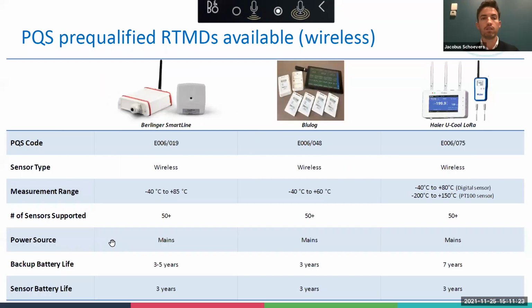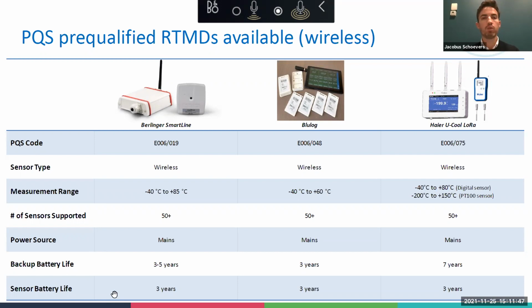Thanks, Jalia. This is just an overview of the wireless RTMD systems that are available on PQS. So what you can see here is, especially if you look at the number of sensors reported here, the wireless systems can support a lot more sensors than the wired systems.